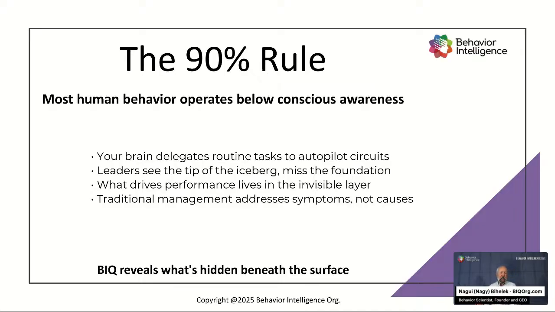And so what drives the performance that you get is usually happening invisibly in people's minds, in their behaviors, in the cues that you're missing because of what we discussed last week, the generalization, the distortion, the deletion that our brain is doing. So understanding these foundational elements will help you to demystify, if you like, the human behavior and how to help people, and how to really motivate the culture that you are in.